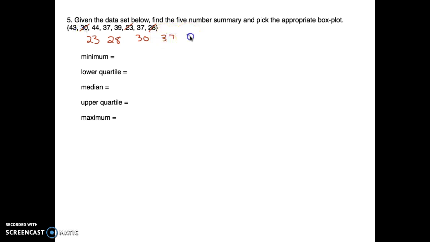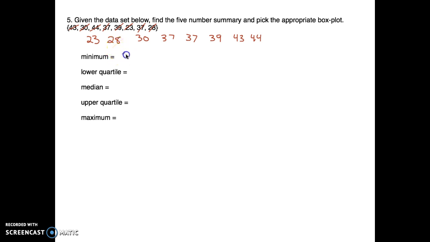Looks like I've got 2 37s, and then a 39, a 43, and a 44. So once they're in order from least to greatest, let's double check that I've got all my 8 numbers, which I do.